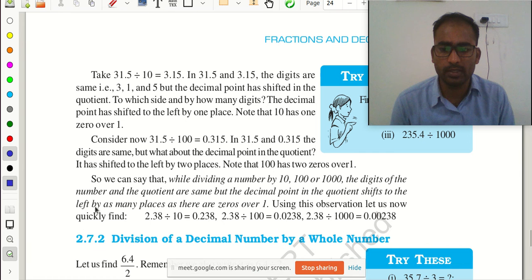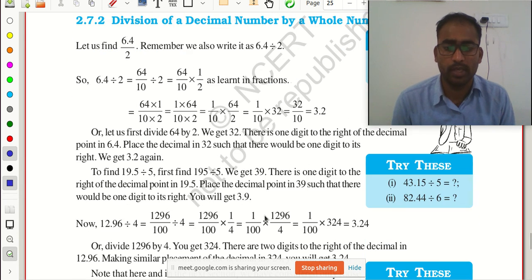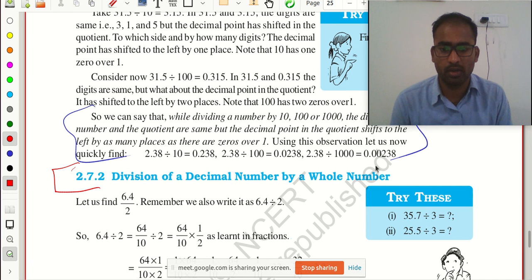This is the way of division of a decimal number with 10, 100 and 1000. Next, I need to divide my decimal number by a whole number.